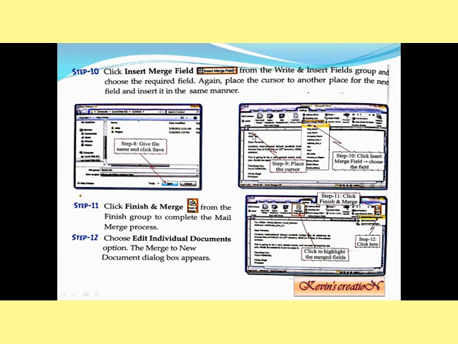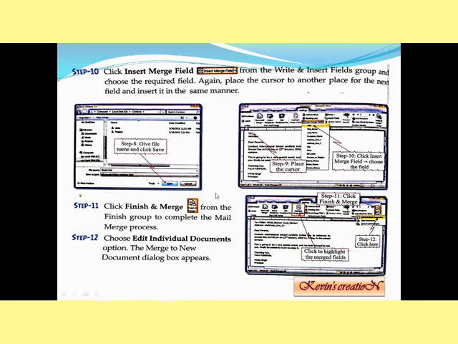So what do you want in name? Maybe a Mr. and then the name. For the address, you will do the same thing. You will be inserting the merge fields in the main document, in your letter, wherever required.